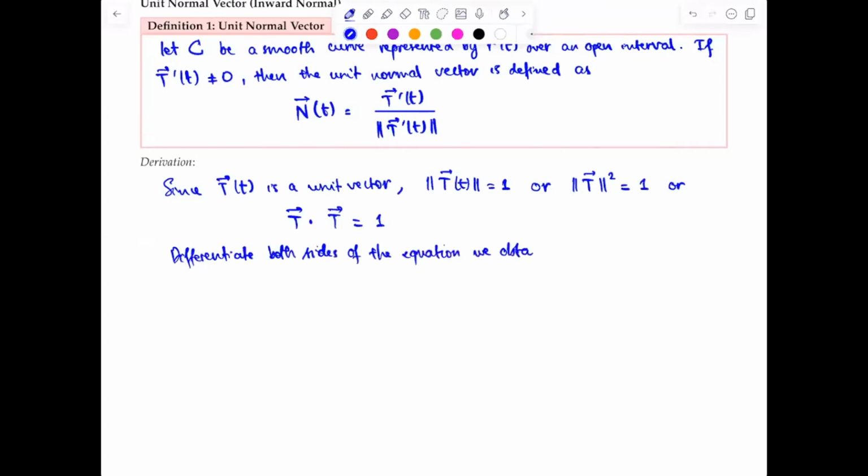We obtain that T prime dot with T plus T dot with T prime is equal to 0. So you have 2 of these, right? You divide both sides by 2, so you get that the unit tangent vector T dot with T prime is equal to 0.